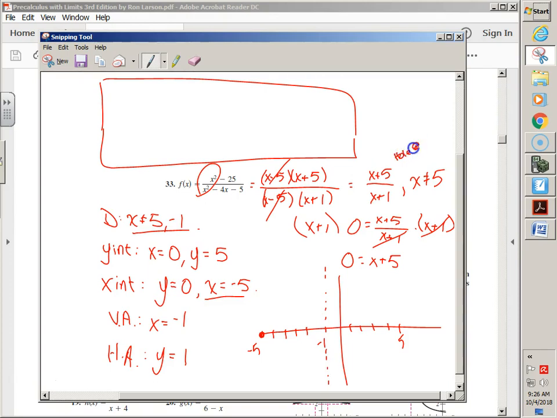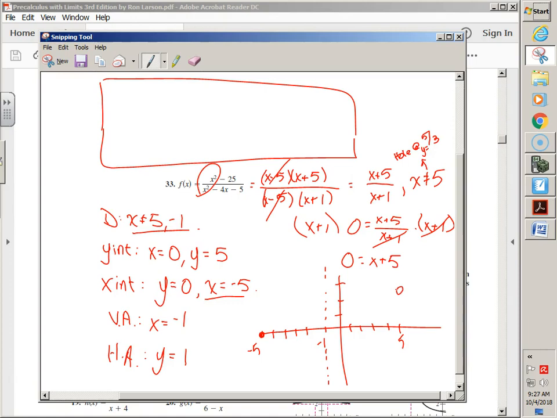We could plug in 5, which is 10 over 6. Ew, that's gross. 10/6 would be 5/3. So we could do 5 and then 5/3. Oops, not closed, sorry, needs to be open. Hole at 5/3-ish.